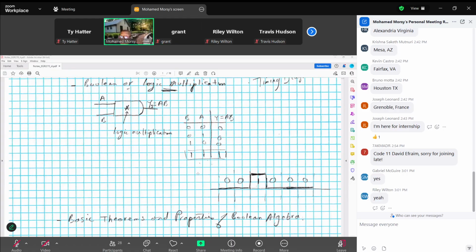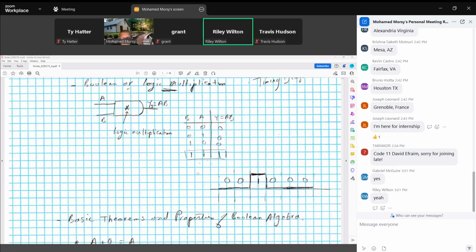If you look at the truth table here, the output is 1 if and only if the 2 inputs are ones.